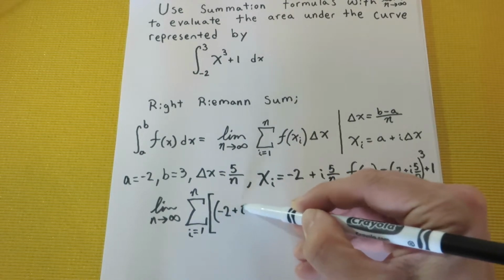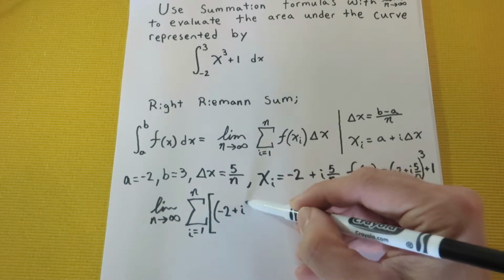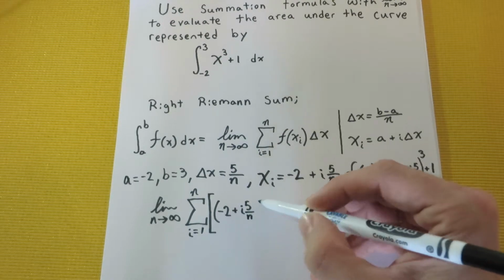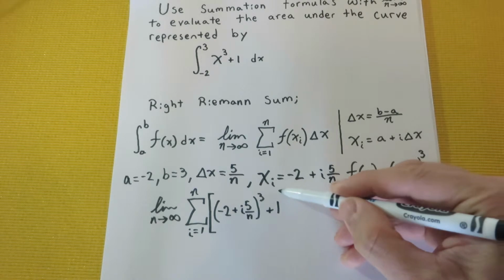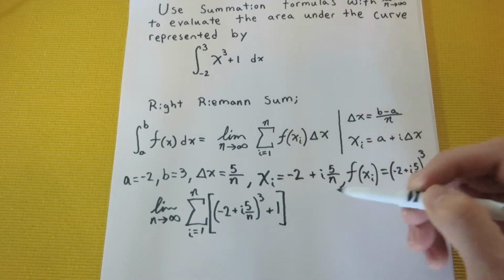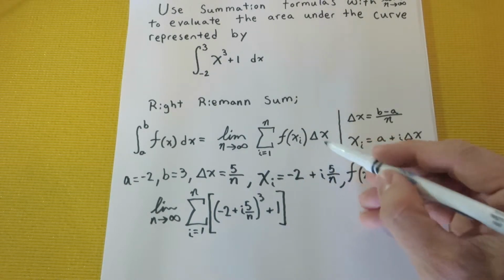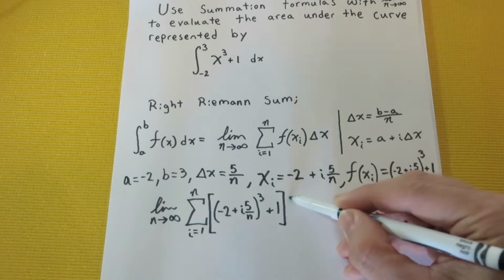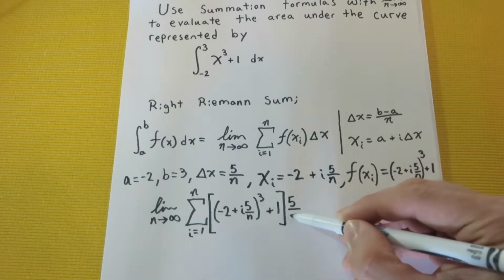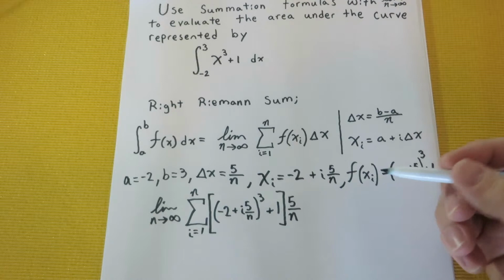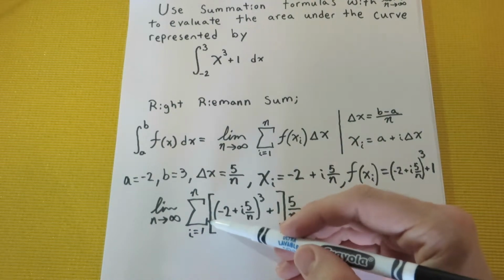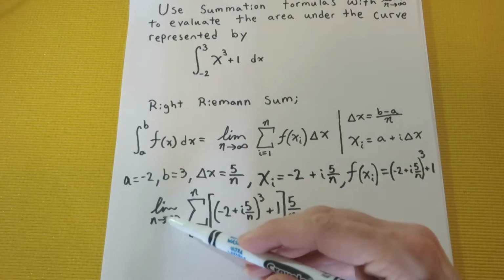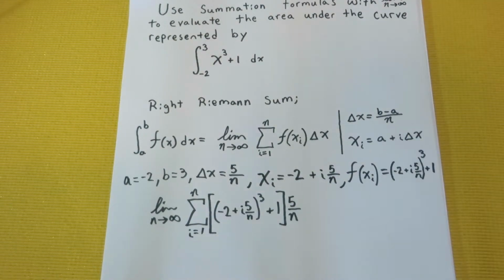Negative 2 plus i times 5 over n, all of that cubed, plus 1, put into brackets, multiplied by our change in x, which is 5 over n once more. And this is the summation that we're going to be evaluating as n approaches infinity.